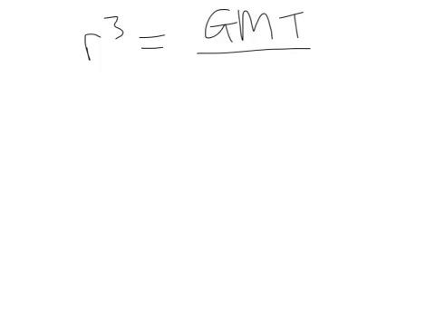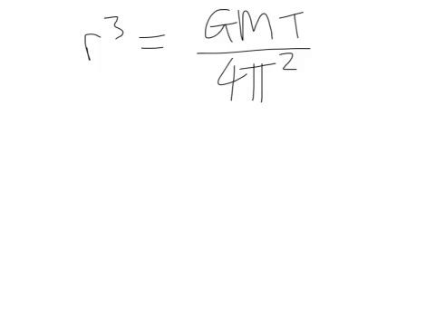Now if you have rearranged that successfully, you should end up with an expression involving r cubed, something like this. R cubed in your expression should equal G, big M, big T squared divided by 4 pi squared.